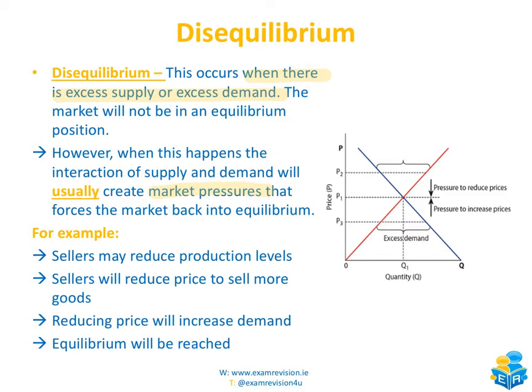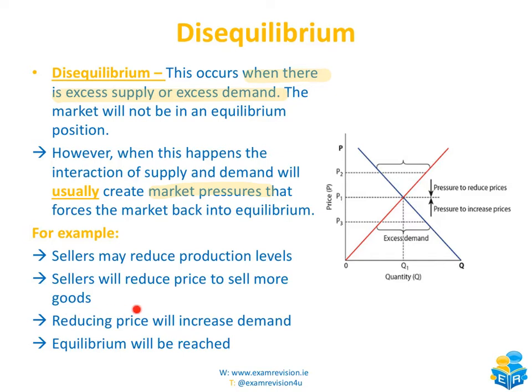And the way this happens is that, for example, sellers may reduce production levels, so they might reduce the amount that they are producing. Sellers might also reduce the price in order to be able to sell more goods. If they reduce the price, this will increase demand, so that will push demand up.